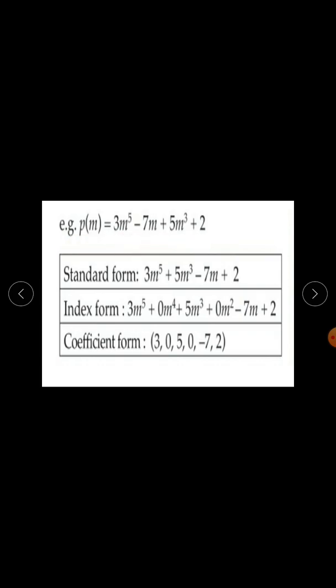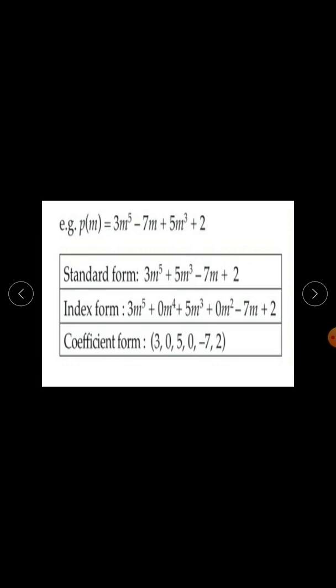How to write the standard form of a polynomial? If the terms are written in descending powers of x, then such a form is called the standard form.